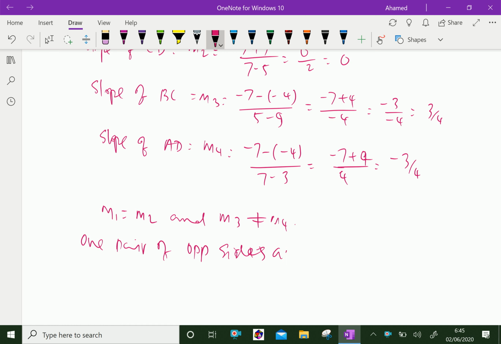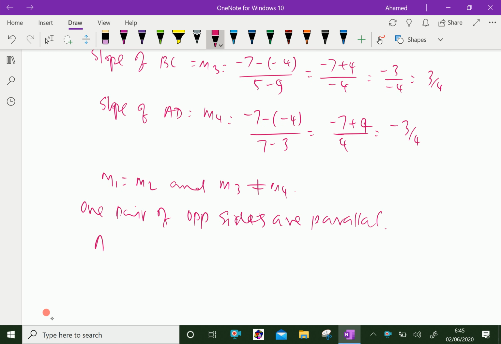Therefore, AB is parallel to CD, and ABCD is a trapezium. We have done.